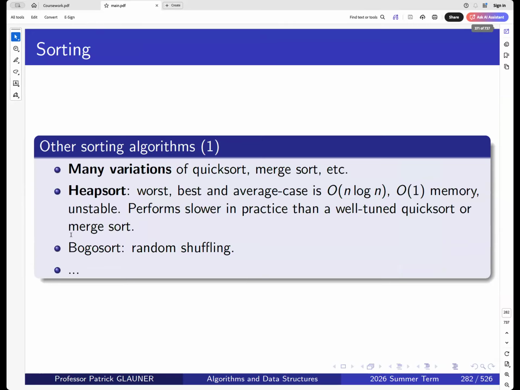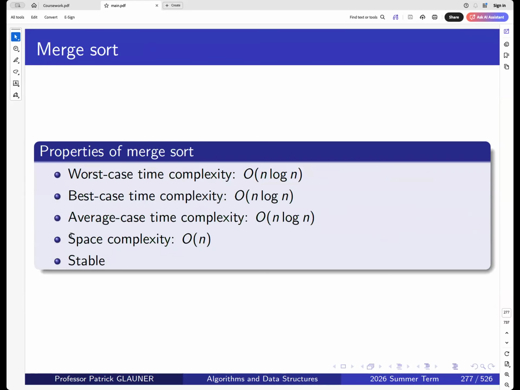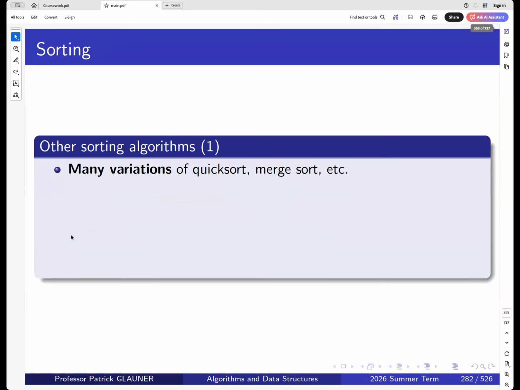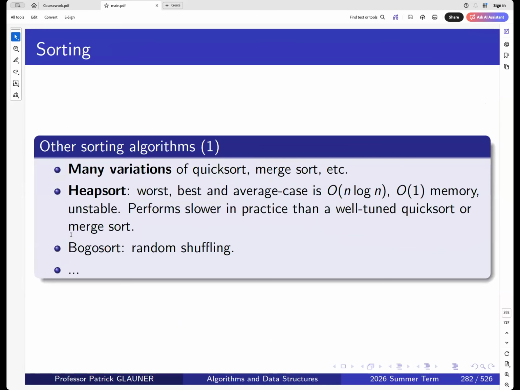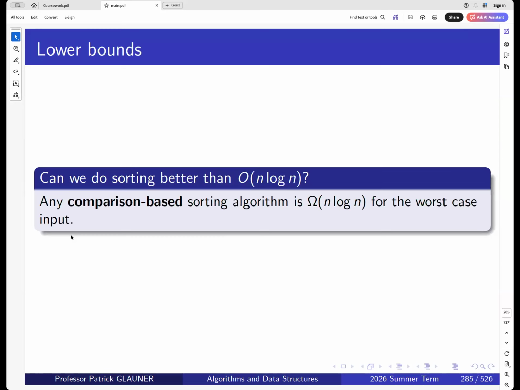Now we've seen quicksort, O of n log n, merge sort, O of n log n, heap sort, O of n log n. Now the big question comes, can we do faster than O of n log n? And it turns out if we have comparison-based sorting, so all the stuff we looked at so far, where we compare entries with each other, that's omega of n log n for the worst case.